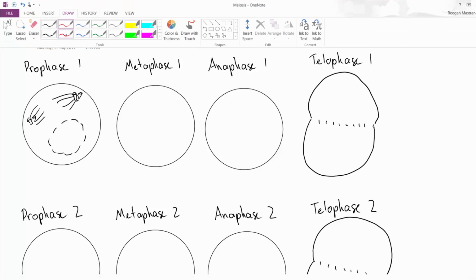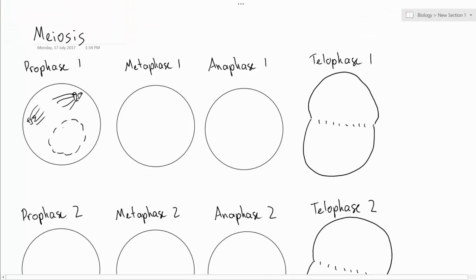Now, at this point in time, what we're going to have is some pairs of sister chromatids. So the DNA has replicated during interphase. We've got some pairs of sister chromatids swimming around in that nuclear envelope, which is starting to dissolve.